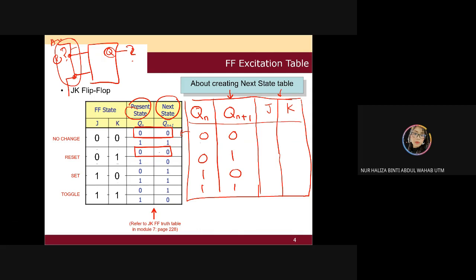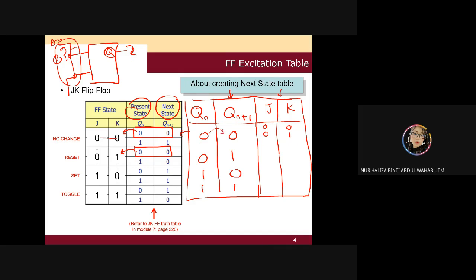Because there are 2 conditions of present state 0 going to next state 0, you look into the value of J and K. First, you have J K equal 0 0, next you have 0 1. So you have these 2 possibilities to get 0 to 0.